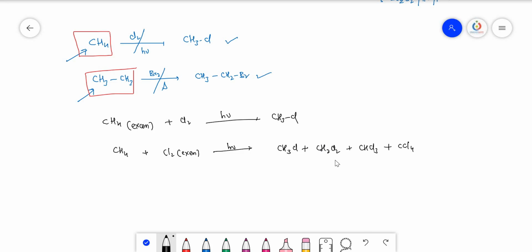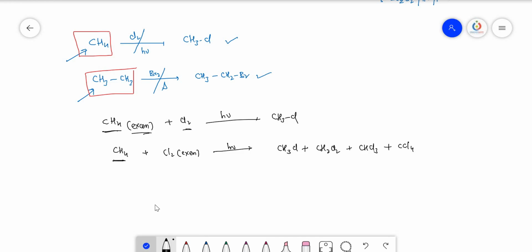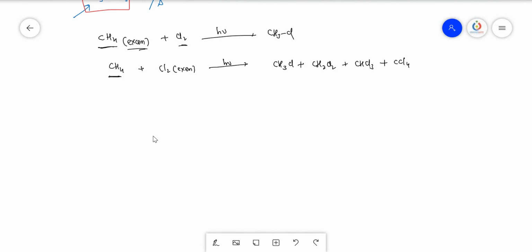Not all possible. Any of these molecules can be possible based on the number of moles of CH4 you are taking. If you are taking 4 moles, maybe all 4 are possible, or else any one compound may be formed in an excessive manner. So in order to get the haloalkanes from the alkanes using the halogenation method, you always take the hydrocarbon in excess and halogen in the limited quantity, so that we shall get the haloalkanes in the required manner.